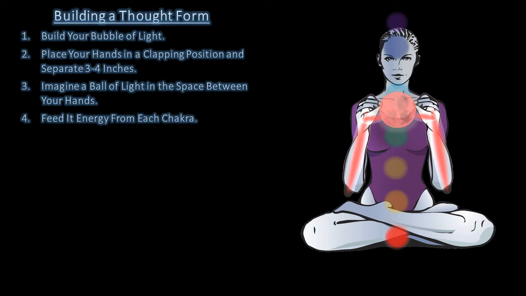Now, feel orange energy from your sacral chakra moving through your body, through your arms, and through your hands into this ball of energy. Feel this ball of energy growing and pulsating as it fills with this energy.